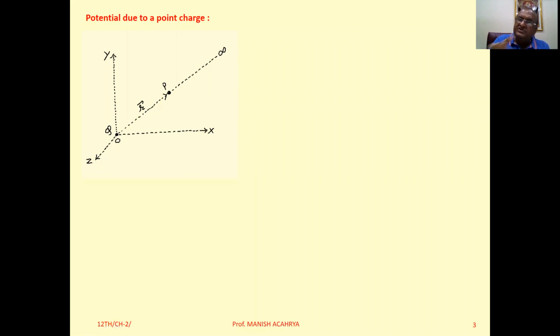We have to bring unit positive charge from infinity to point P. Now, we have to calculate the total work done against the field in bringing unit positive charge from infinity to P, and that is called the potential at P. Clear?